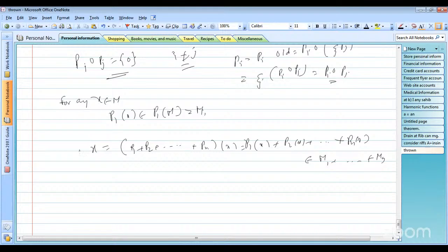So first M is equal to, we know, M1 plus M2 plus M3 plus and so on plus Mn here.